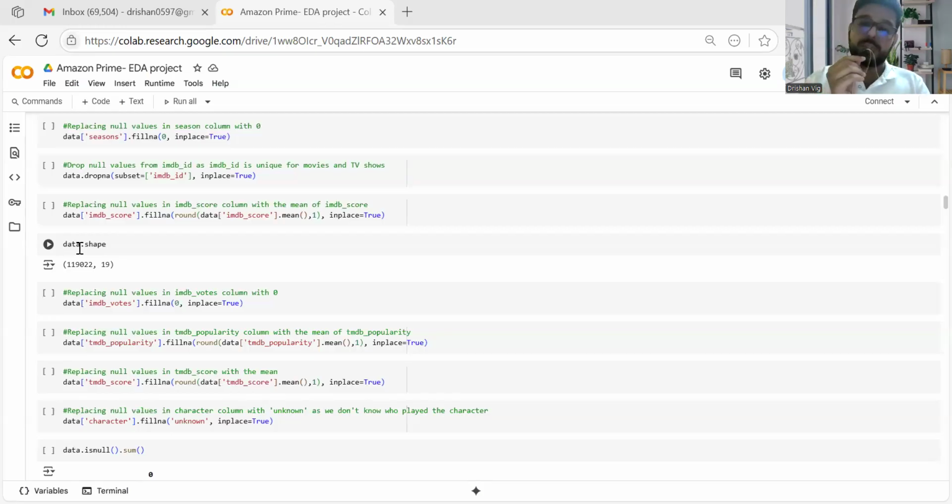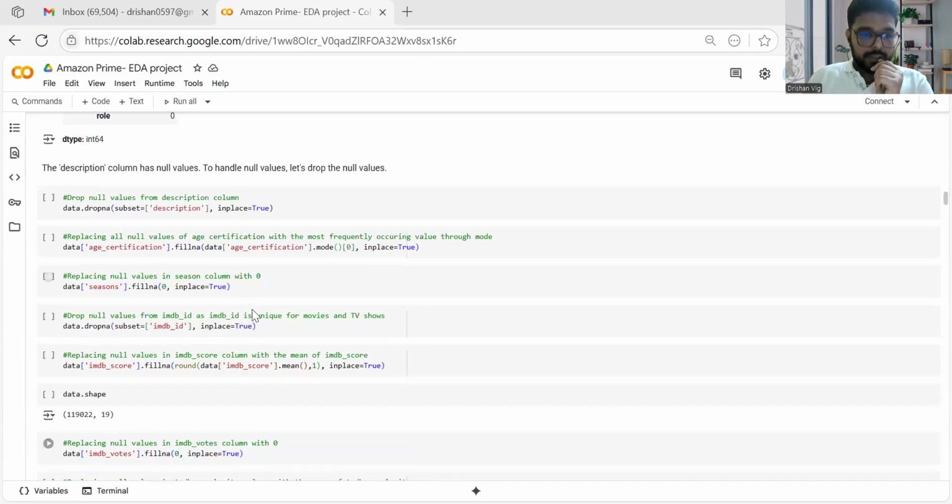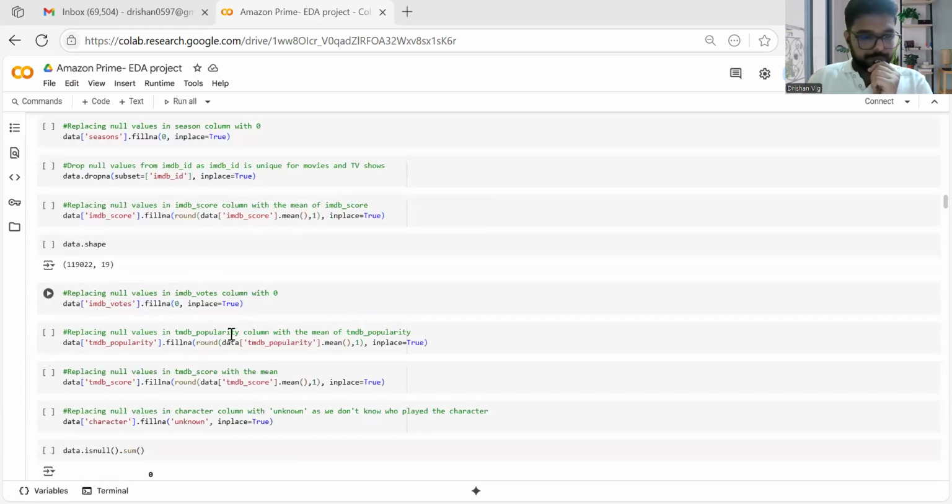If we decide to change it according to our analysis, we can, but this is not a recommended strategy. Yet it's important to analyze the data set after cleaning. So now it's time to replace null values of the IMDb votes column with zero, like we did for the season column.